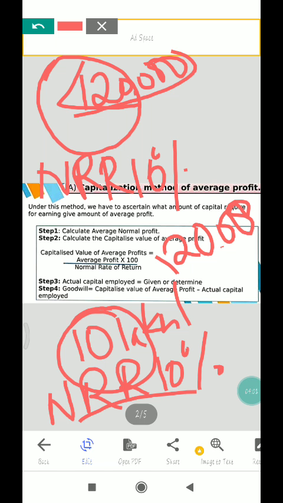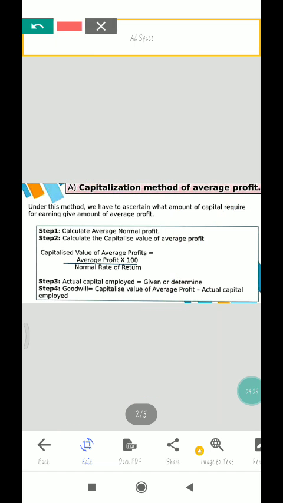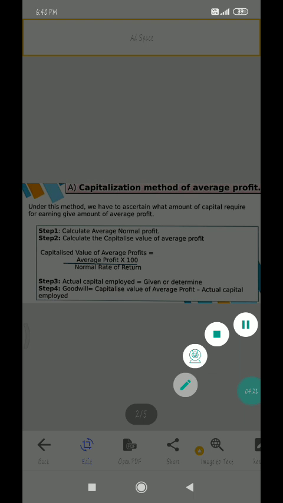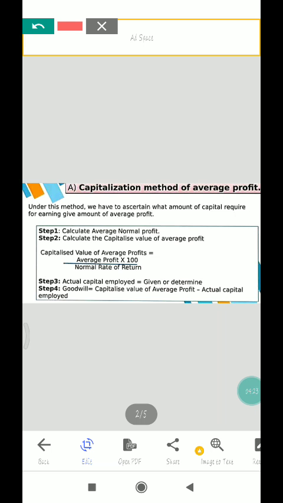Then how much capital is required for your friend to earn a profit as you earned, that is, an average profit? How much capital is needed for earning a profit of rupees 1,20,000? Then we have to calculate the capitalized amount.